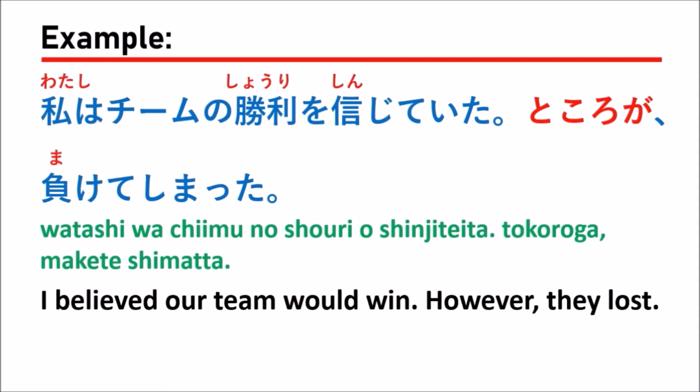This is the expectation part. After the expectation part, we follow with Tokoroga, and after Tokoroga, we tell the result. So here, Tokoroga means however, right? Makete shimatta is the result, which means they lost.